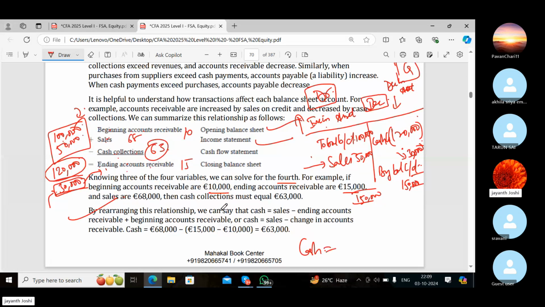So cash is nothing but beginning account receivable plus sales minus ending account receivable, or sales minus ending receivables plus beginning receivables. Please make a note of this for the examination. When you do the MCQs, it will be very handy for you.